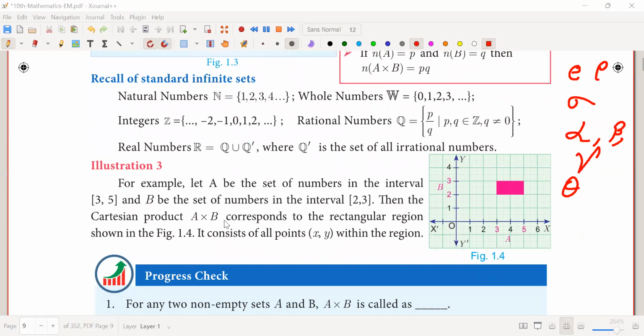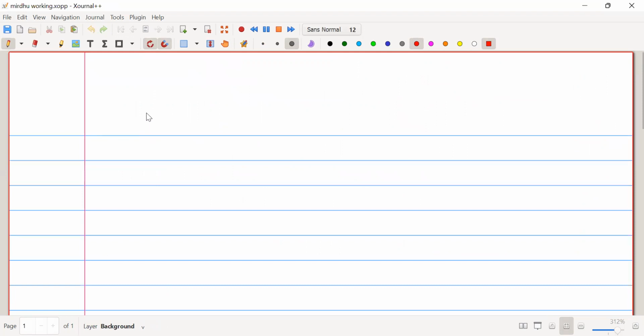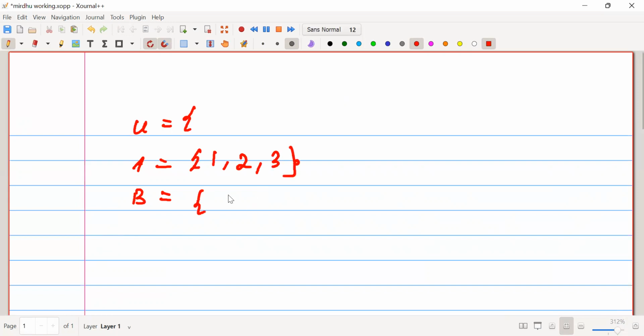Can you give an example for a universal set? You're going to give an example for a universal set. Number one, then set A, then set B. Your own choice. I want you to create your own choice. Set A is 1, 2, 3, set B is 4, 5, 6.